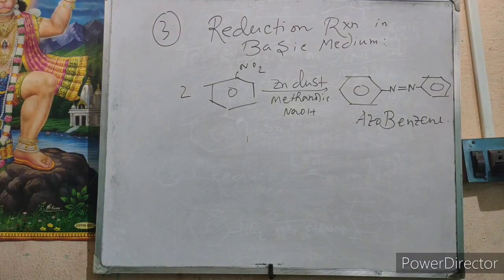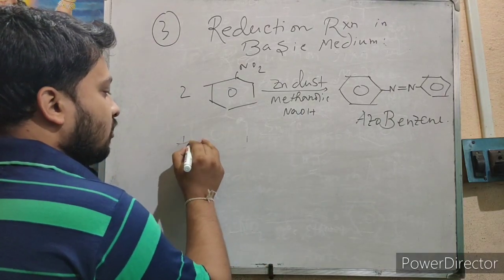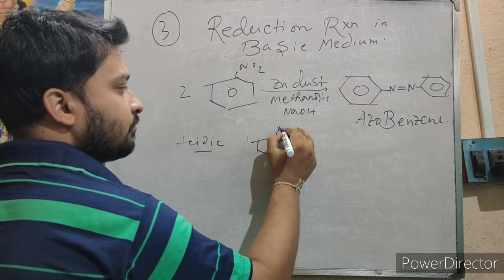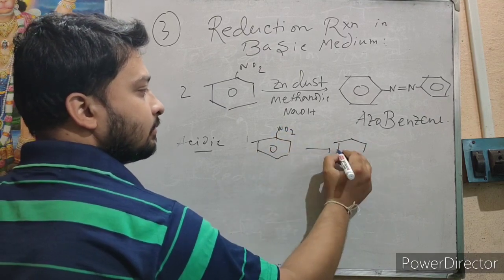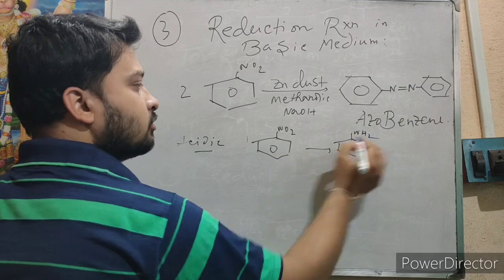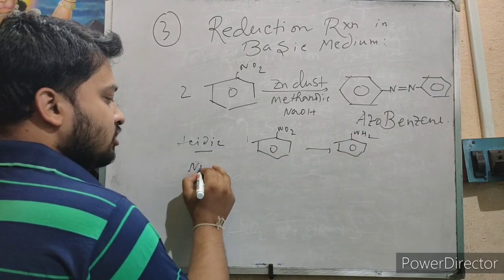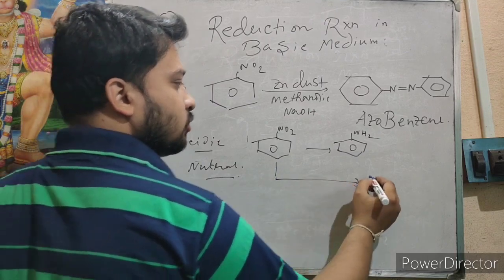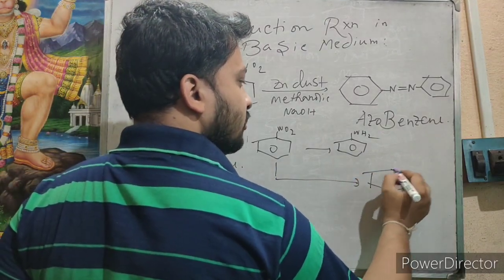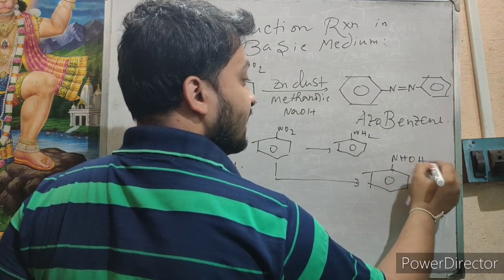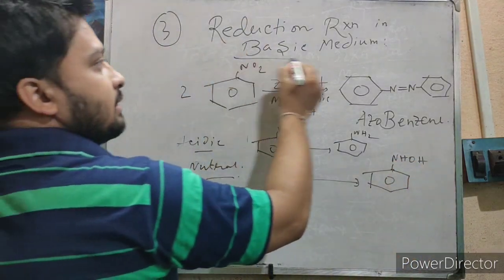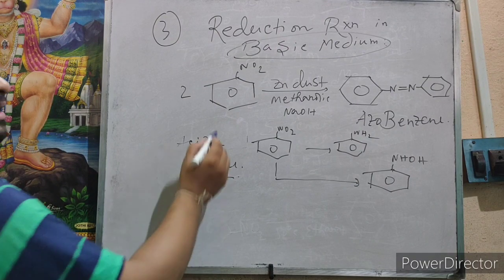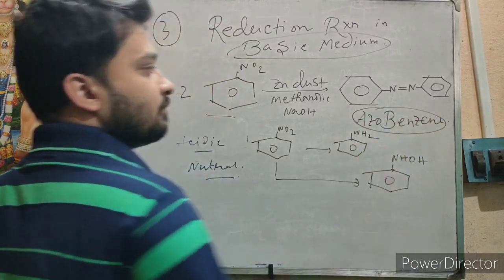So those are three reactions. If it occurs in acidic medium, you get nitrobenzene to aniline. If you take it in neutral medium, nitrobenzene gives you phenyl hydroxylamine, that is NHOH. If it occurs in the basic medium, nitrobenzene gives you azobenzene.